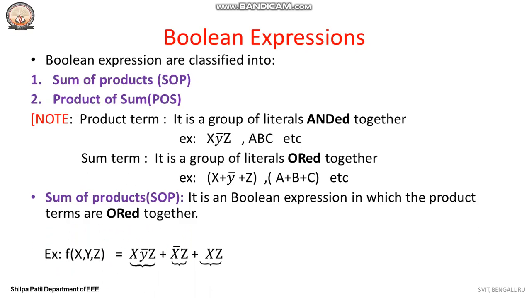For example, f of x, y, z is equal to x, y bar, z plus x bar, z plus x, z. Here we have three product terms, x, y bar, z, x bar, z and x, z, which are ORed together. So rather than calling it generally a Boolean expression, we can call this an SOP expression.